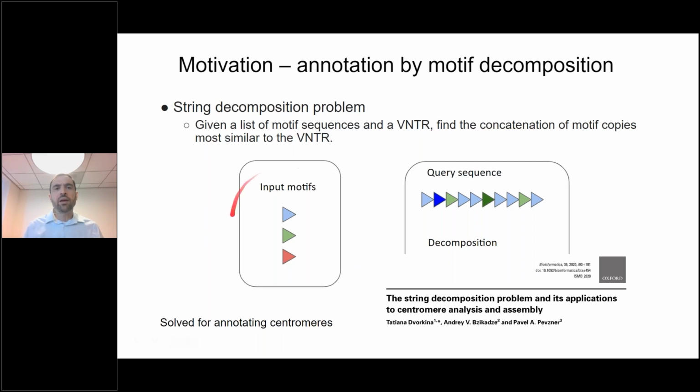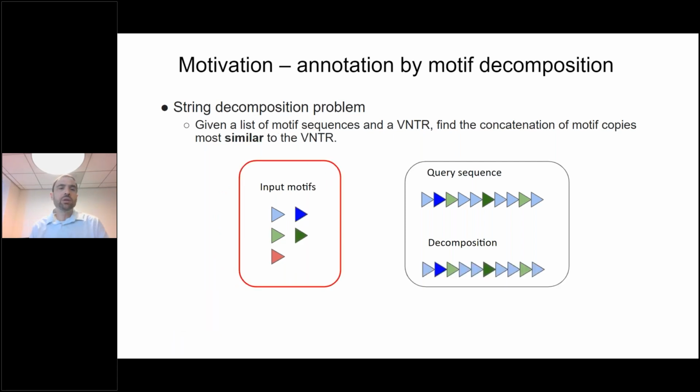But what we don't have is a method to generate a well-defined set of input motifs given a population of genomes. In particular, we could take a population of genomes and essentially record all of the motifs that we see, every last one. And we can potentially take query sequences and output the exact motif decomposition where there's no difference between our decomposed sequence and the initial query sequence.